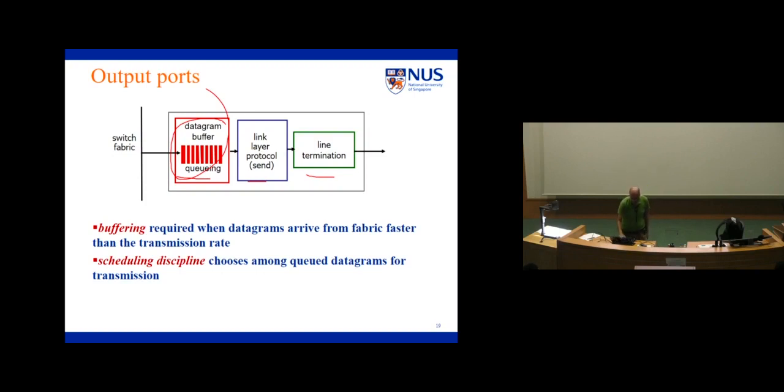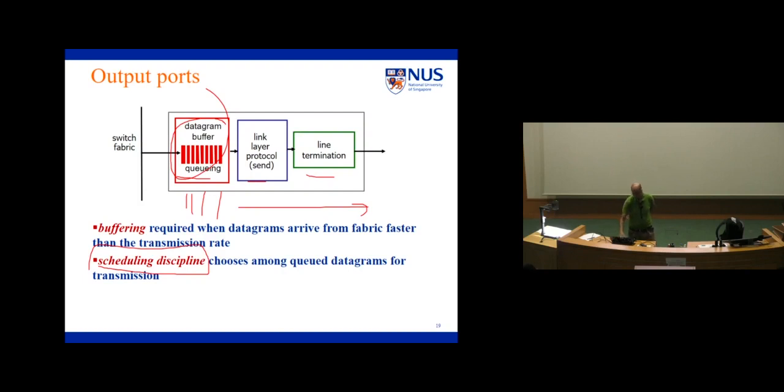And again, if you have packets queuing up, how should you send them out? The most common way of doing that is first come, first serve. The oldest packet will be transmitted first, but that's not necessarily always true. Later on, when Professor Tefek comes in and talks about multimedia, you will see that it is also possible to use scheduling disciplines.